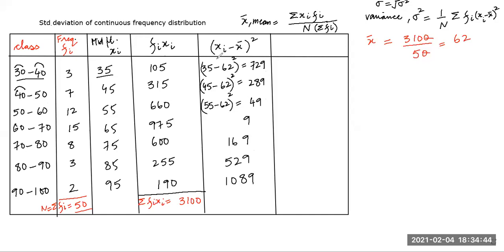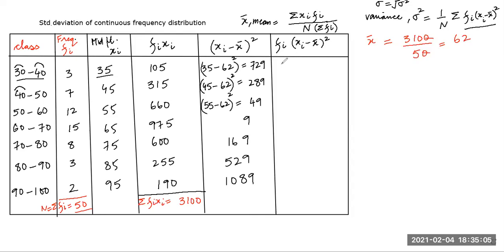But now the frequency is there. I need to multiply this xi minus x bar whole square with fi. So I need not do the summation here. So I will go to the next column. I want fi into xi minus x bar whole square.